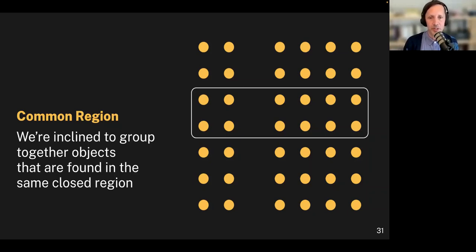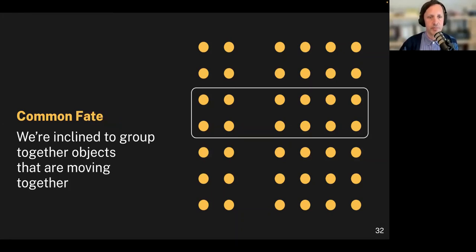One of the things about the principle of common region is that it can connect sometimes dissimilar items, and it has a really powerful effect that's stronger than other forms of grouping. You can see this relationship between the common region elements seems very, very strong, and almost a stronger effect than that of proximity.